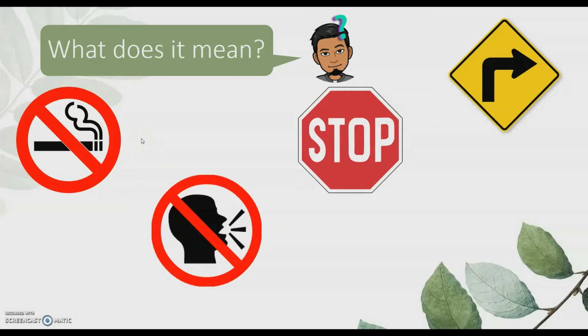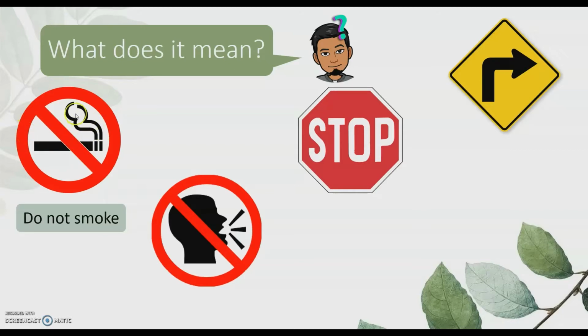Okay, let's see. What does it mean? Okay, so the meaning for the first sign is do not smoke. Do not smoke. Okay? Because here you can see that the red circle and the cross is showing to prohibit from doing something.